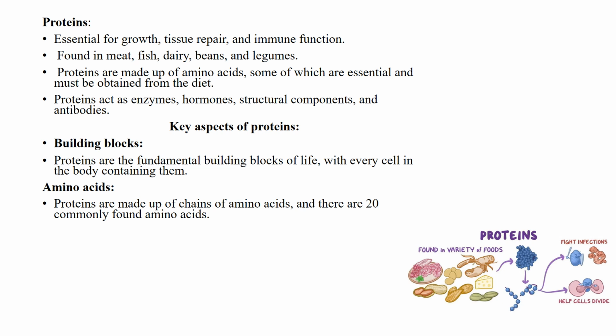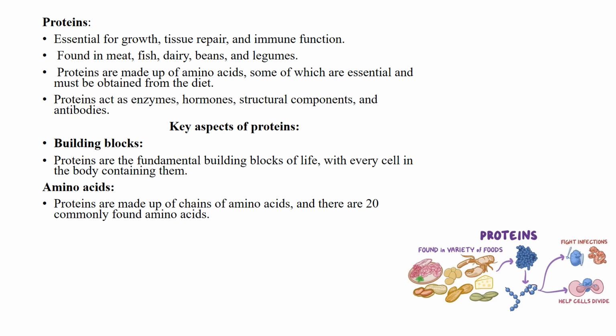So next thing is protein. Protein is one of the essential macronutrients, very important for the body's growth, tissue repair and immune function. It is found in different types of meat, dairy products, beans and legumes. Protein is made of different types of amino acids, which must be obtained from the diet.